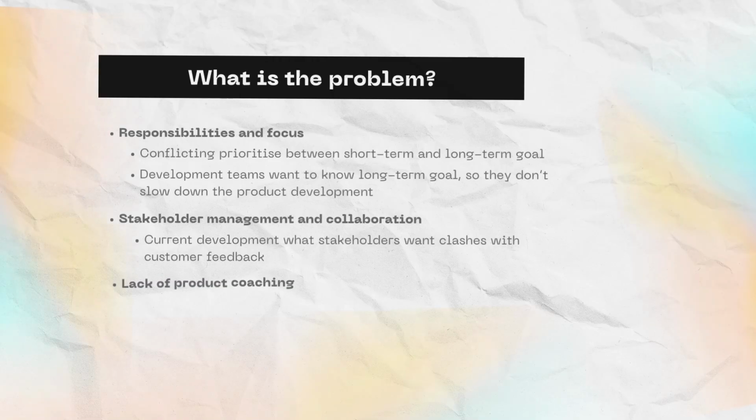The next one is lack of product coaching. Now, since the launch of Scrum and the Agile Manifesto in 2001, where a group of software developers outlined key values and principles for Agile development, the role of Agile coach emerged as a response to the adoption and widespread implementation of Agile methodologies across various organization types and sizes.